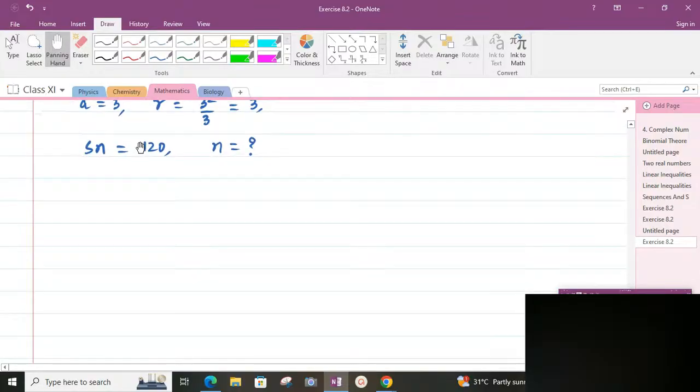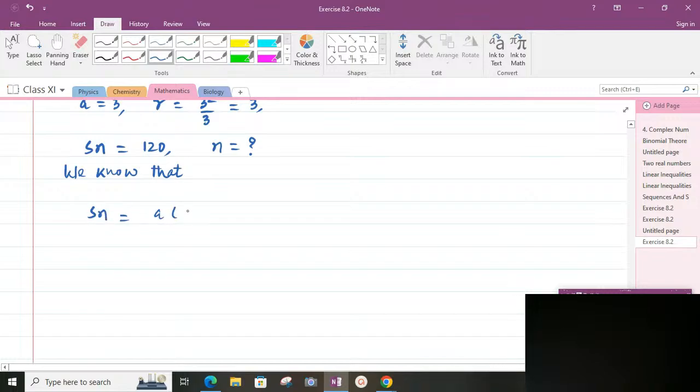So we recall the formula for Sn. We know that Sn equal to a times r to the power n minus 1 by r minus 1.